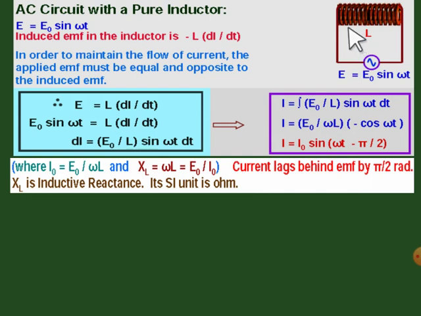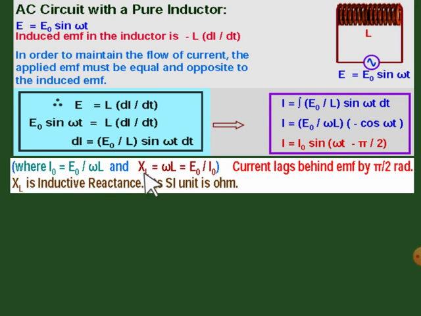This inductor is opposing the AC current to flow through it, and this omega L is equal to XL. We call this XL the inductive reactance. That means the inductor offers some opposition to the flow of AC current, and we call that opposition to the flow of AC current by the inductor inductive reactance. Got it? Inductive reactance, XL.